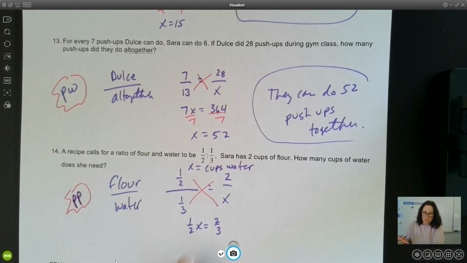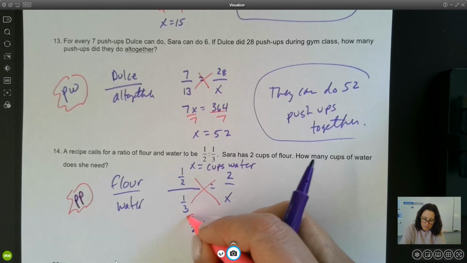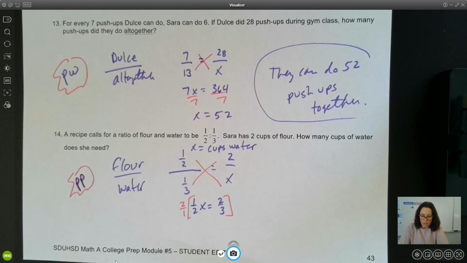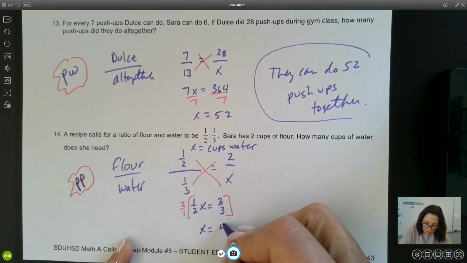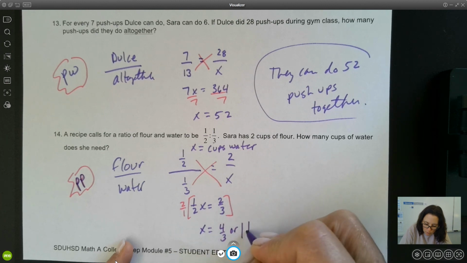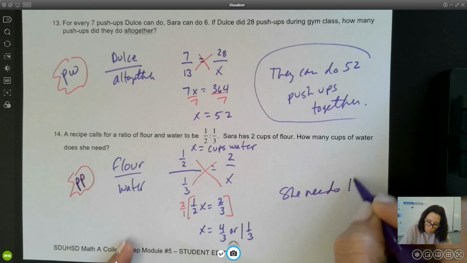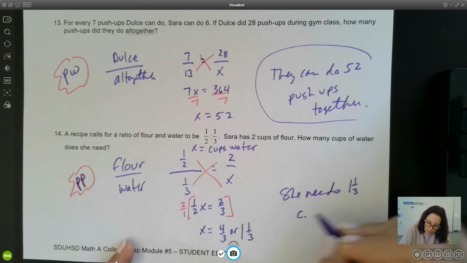All right, well, to get rid of this 1/2 x, we would multiply both sides by 2 over 1. So that would be 4/3 or 1 1/3. She needs 1 1/3 cups of water.